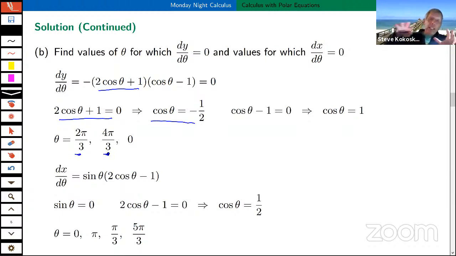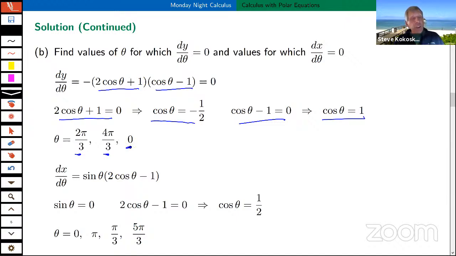Now, I'm only looking at values of theta between 0 and 2 pi. I snuck a little something by you. I know that I get a complete polar curve when I go 0 to 2 pi. So I set this expression equal to 0. That means I have to find values of theta where the cosine of theta is equal to 1, and that gives me a 0.